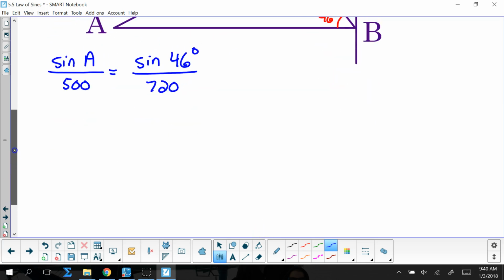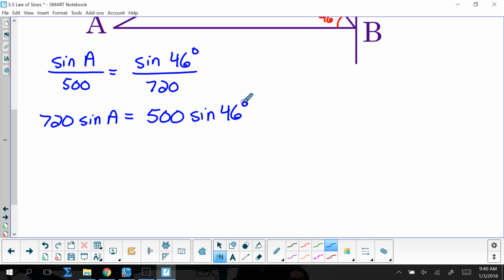Doing some cross multiplication, 720 times the sine of angle A is going to equal 500 times the sine of 46 degrees.